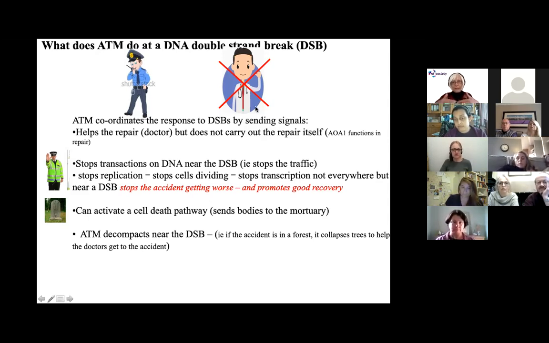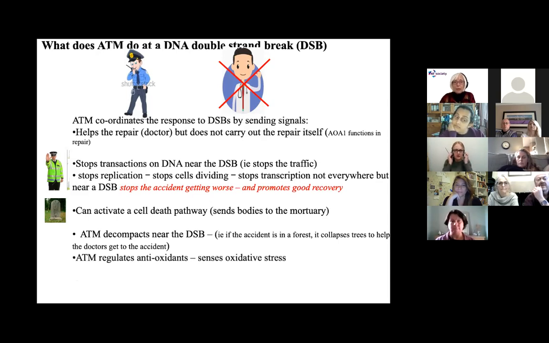So it helps collapse the trees, open up, so the doctor can get to the accident, but it's done in such a way that it can put them back again. In fact, it very cleverly decompacts a little bit, leaving the middle open so the doctor can get there, and it'll decompact all around it to stop erroneous repair taking place.